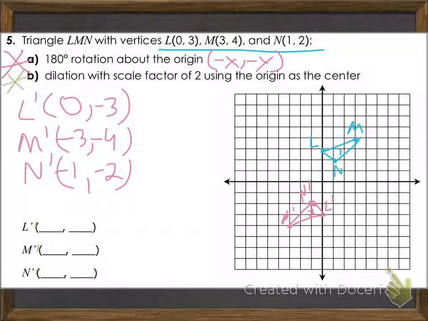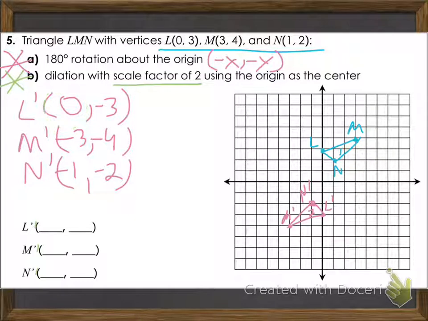And then finally, we're going to be doing a dilation with a scale factor of 2, and we're going to use the origin as the center. So now, I'm just going to multiply 2 to every single x and y value, the ones that we just found in pink. So, multiply 2 to every single x value.